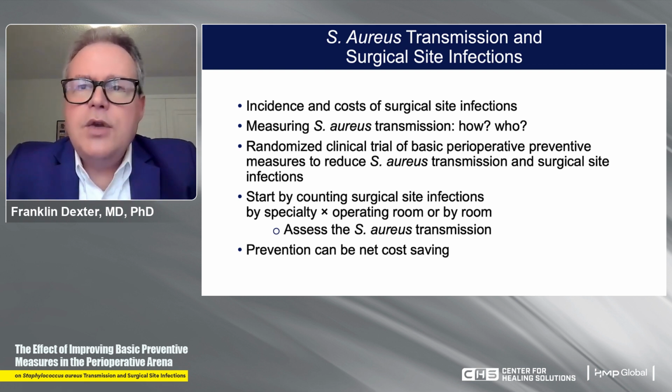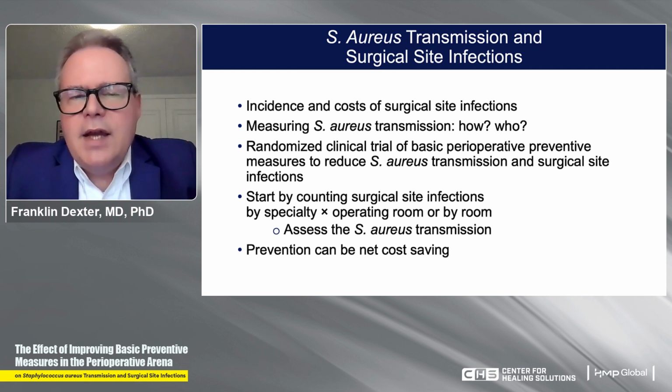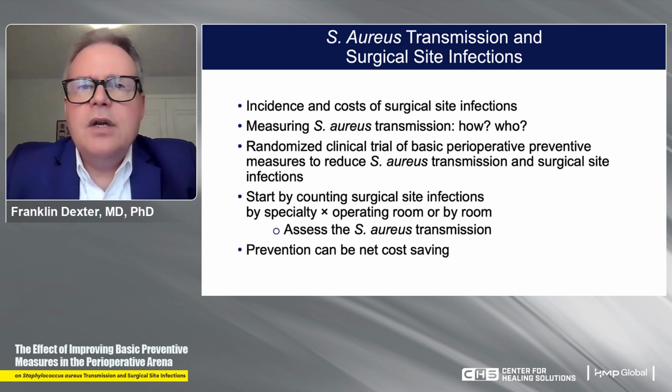And in the same way, if you want to do between case transmission, you have to know which are the specimens from the first patient and which are the specimens from the second patient. So the whole barcoding system is important. And trying to mix this up can be very misleading in terms of measuring transmission. So that's something to consider.